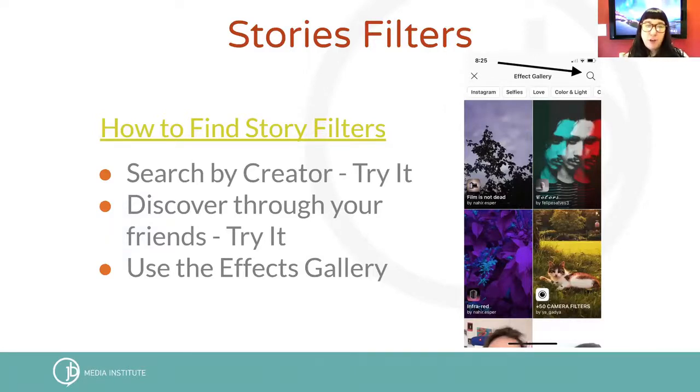You can also, if you see your friends using different types of filters in stories, there may be an option where there's a little button that says try it. And then there's also an effects gallery that you can access inside of stories. Essentially, that will allow you to see the different types of filters that people are creating, and potentially down the road, if you want, consider creating one yourself.